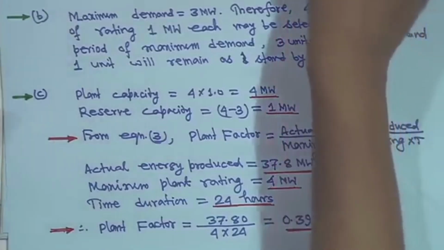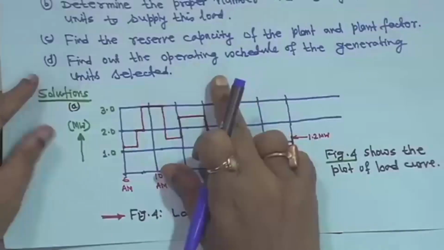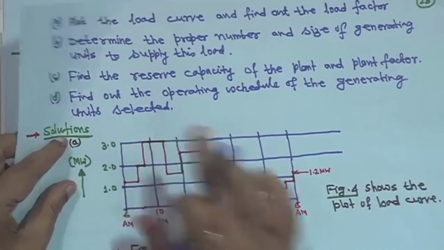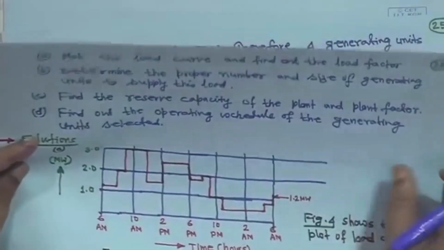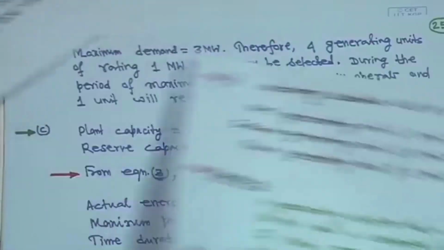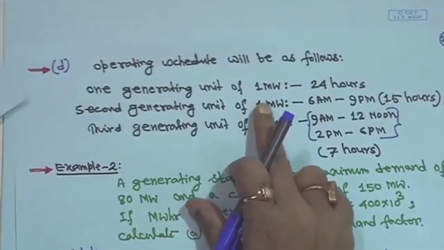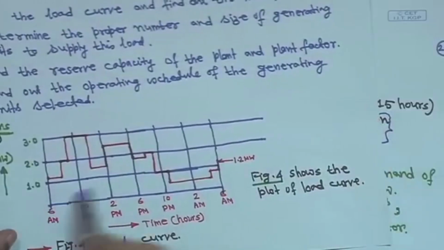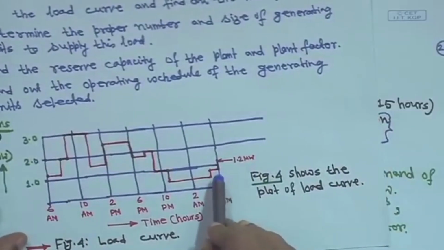And the last one, part D, is to find out the operating schedule of the generating units selected. You have to find out how these units will operate. What one can do is this: one generating unit of 1 megawatt must work for 24 hours, because nowhere is the load 0.